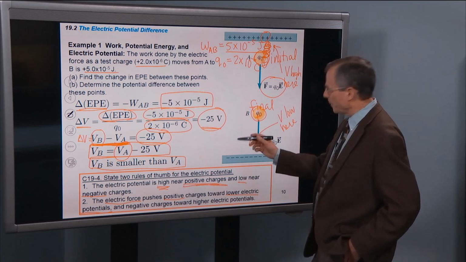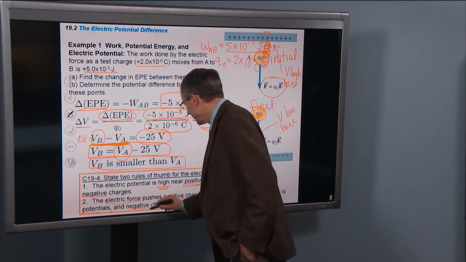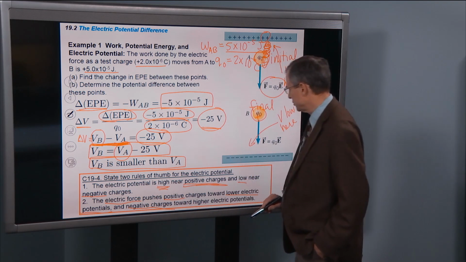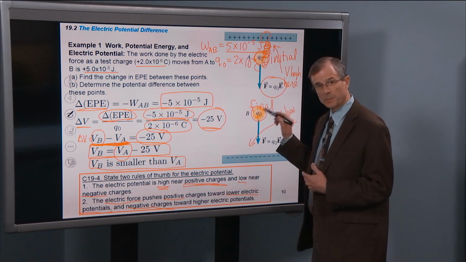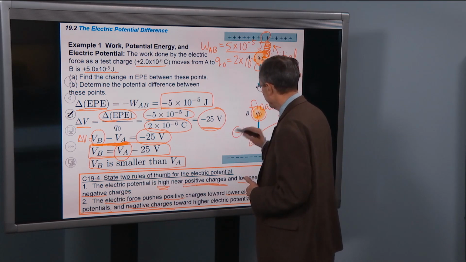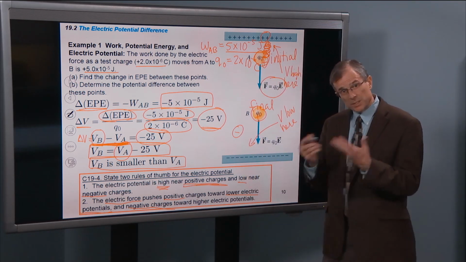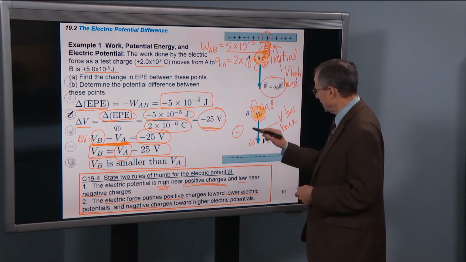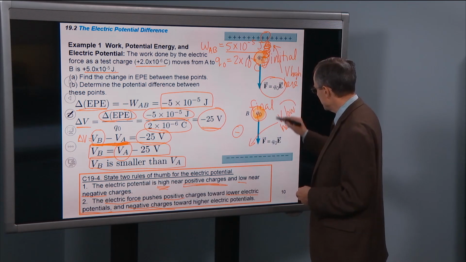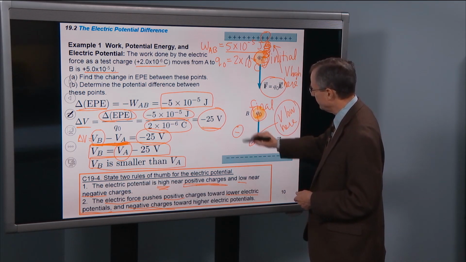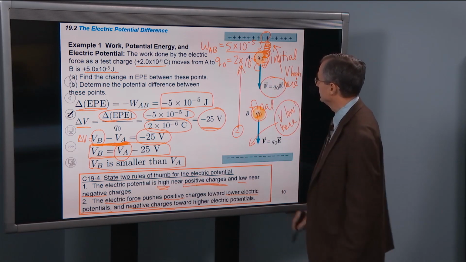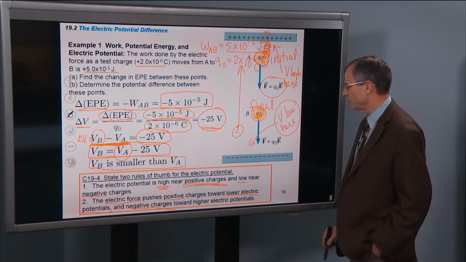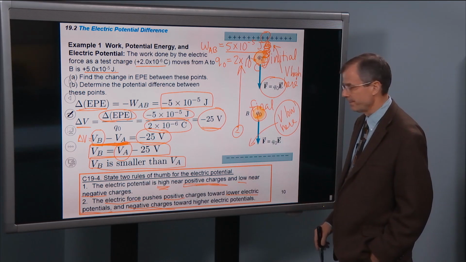Okay, so the other part of the statement is that negative charges get pushed toward higher electric potentials. So now instead of having a test charge that's positive, let's have one that's negative. And if the charge is negative, and it's down here where the potential is low, it's going to get pushed away from these negative charges and toward the positive charge, toward the higher electric potential.